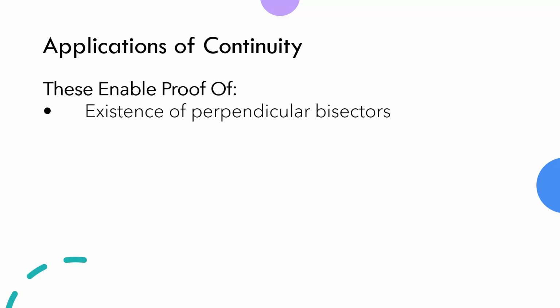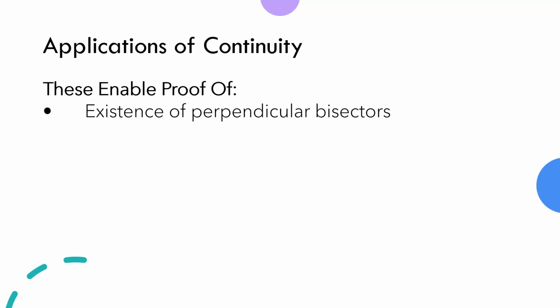Then you form an arc above the line, and with the same opening, move the compass to the other endpoint and create another arc above the line segment. Then you connect the intersection to the line segment, and you now have your perpendicular bisector.